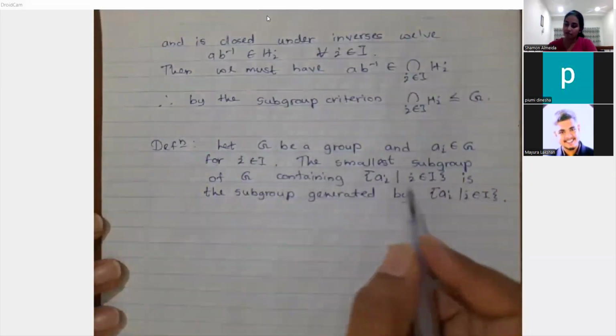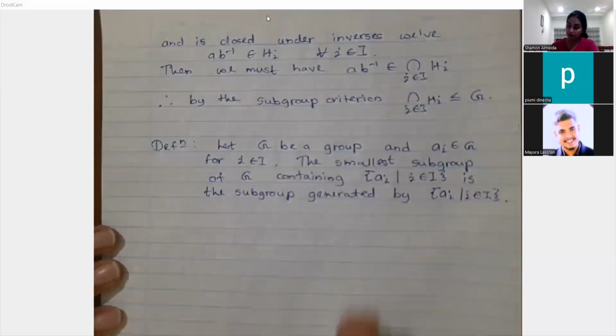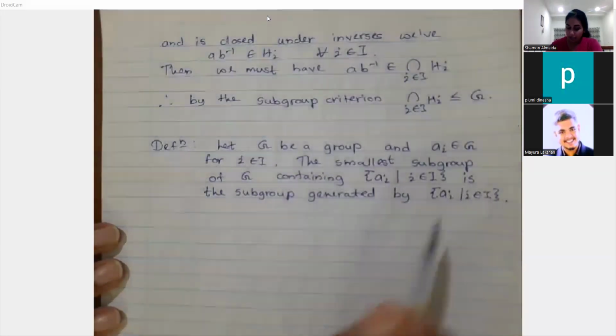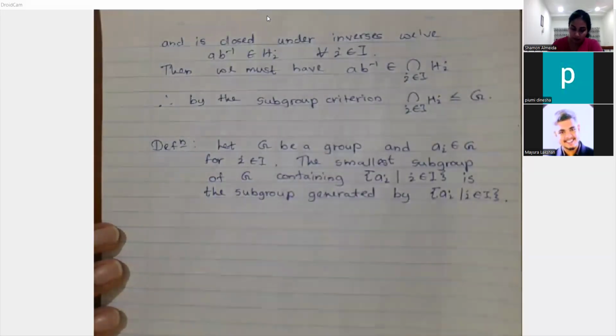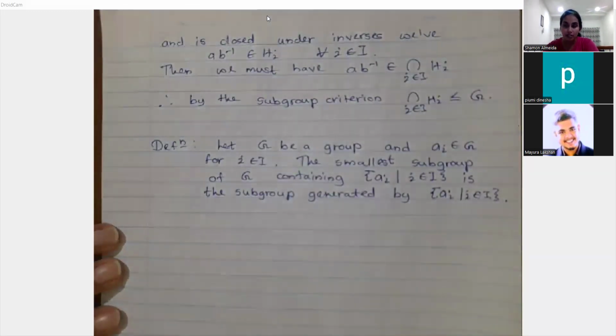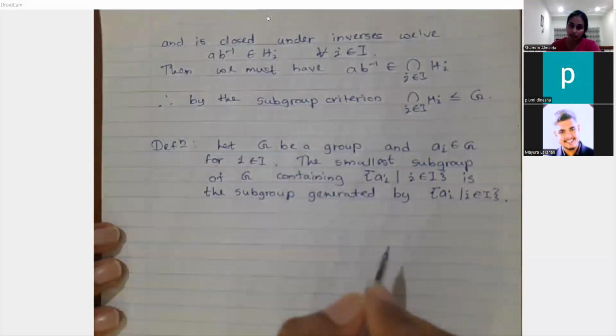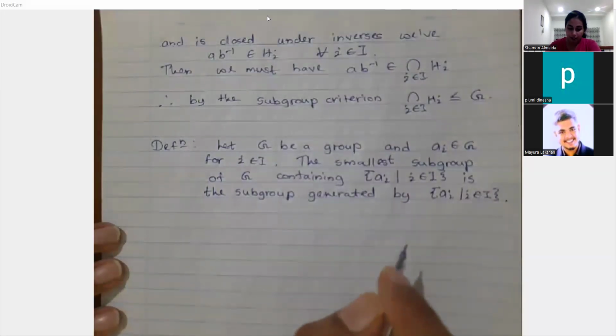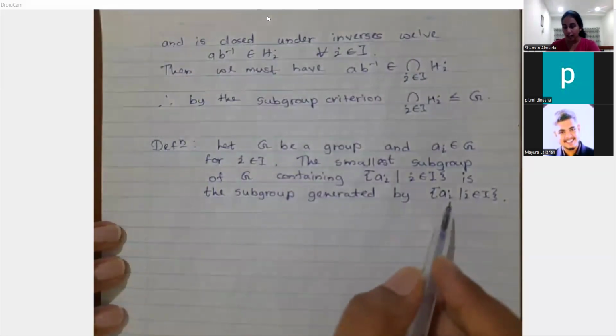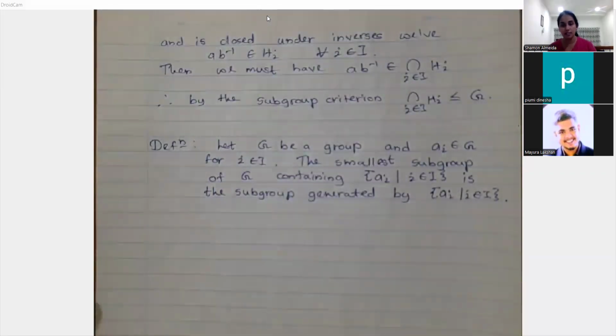So over here we have maybe more than one element, one or more elements, in the generating set. Subgroup generated by a_i. Now, if this gives you the full group, all of G, then we say that this is a generating set for G, right? And if it is a finite set that is generating G, we say that G is finitely generated.